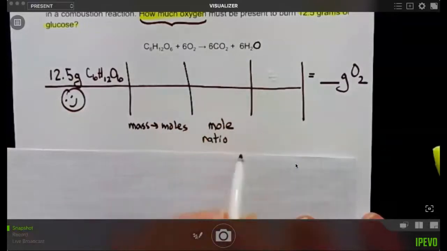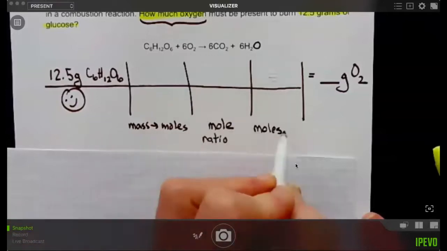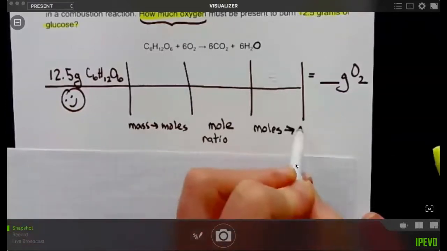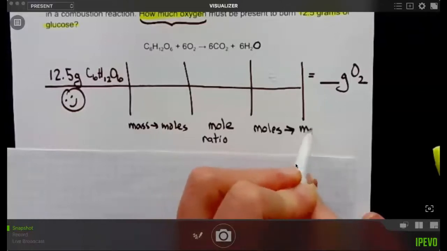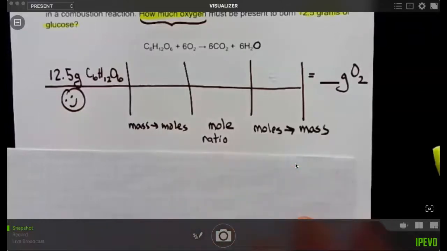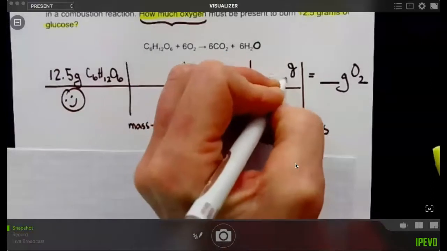And then the last one, you will take the moles of O2 and convert it to mass of the O2. And that should be your last thing on this side, grams of O2.